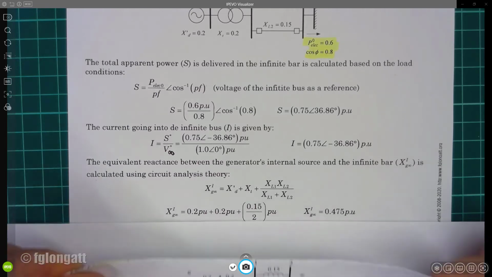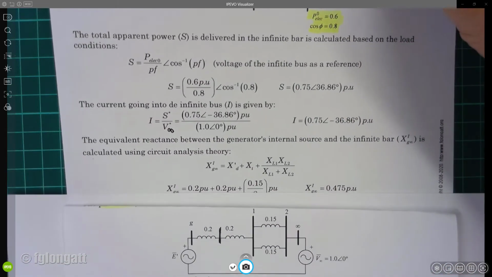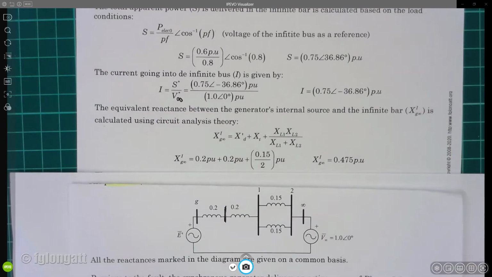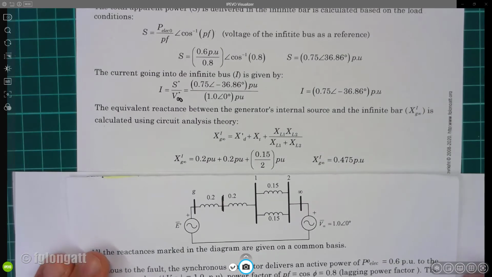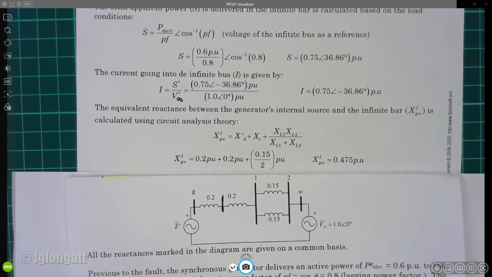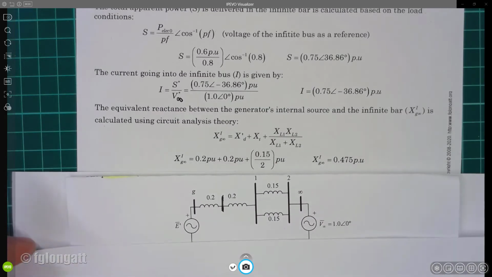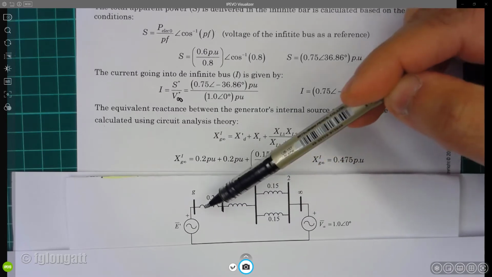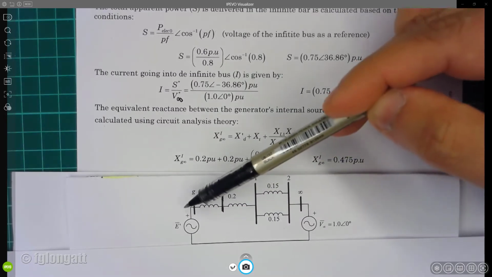Now what I will do is very simple. We are in the condition previous to the fault. You are there with me. You can see over here, and I put below the equations, the reactance diagram. What I want to know is the impedance connecting those two points.